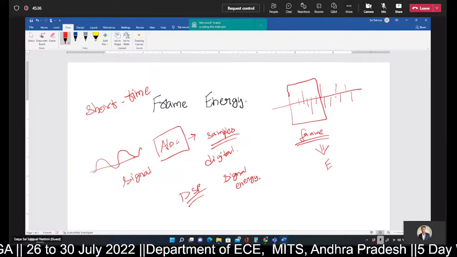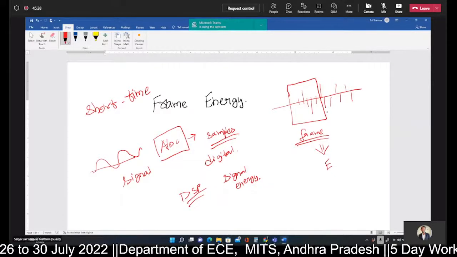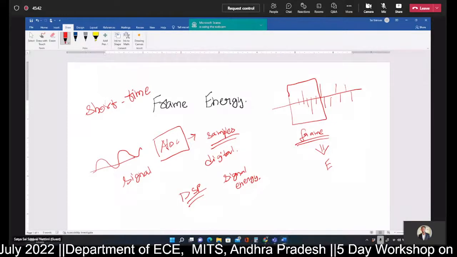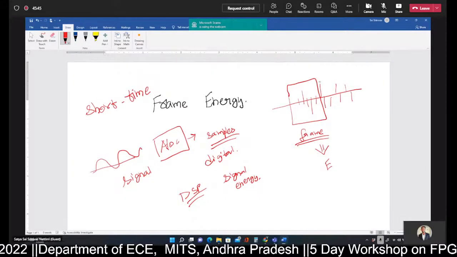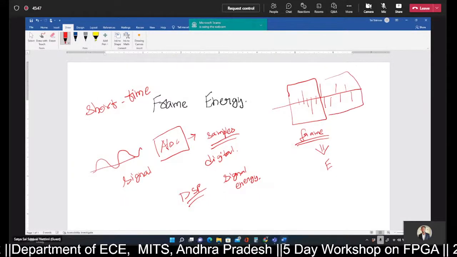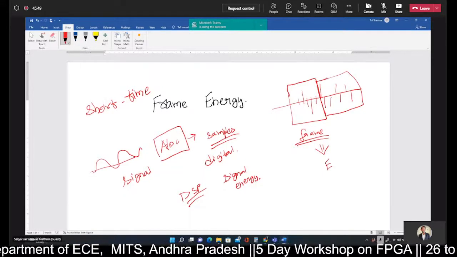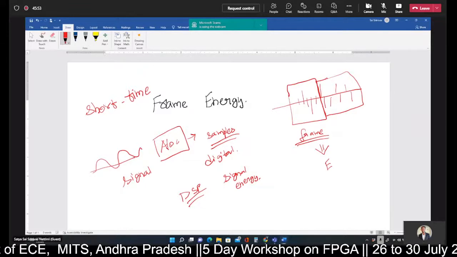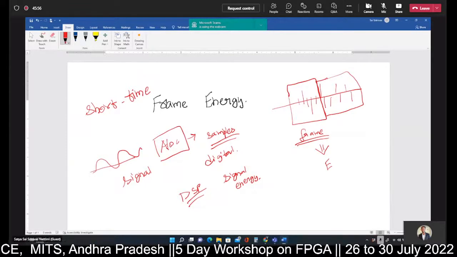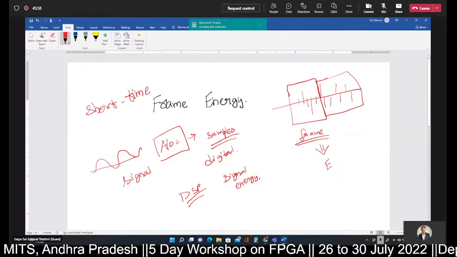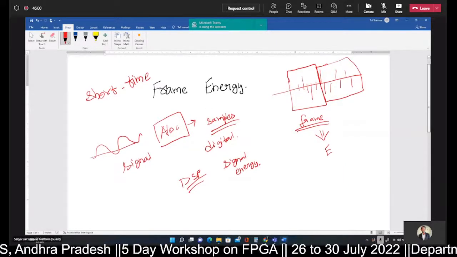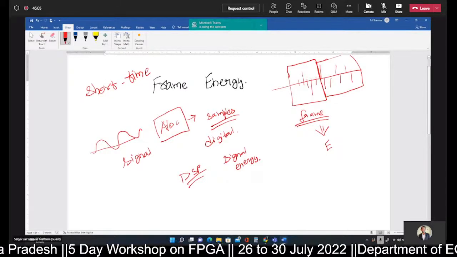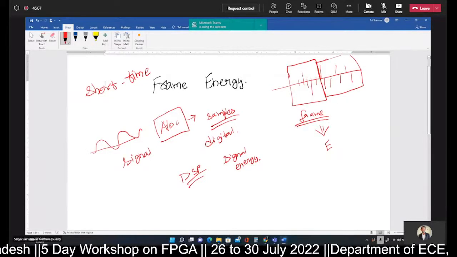In order to do speech signal processing, we do not take the entire signal at a time. We segment that signal into blocks of samples that we call frames, and we process each and every frame. While processing, there are many techniques we follow in speech signal processing applications, and one of the important parameters we calculate from a speech frame is frame energy.